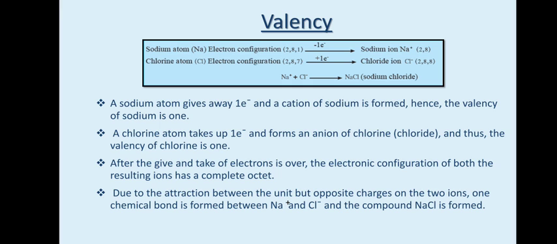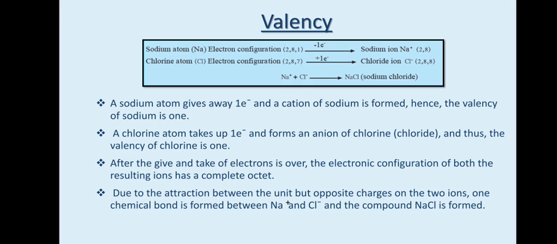So after the give and take of electrons is over, the electronic configuration of both the resulting ions has a complete octet. You can see on the right hand side of the arrow, sodium ion has 2, 8 and chloride has 2, 8, 8. So both have completed their 8 electrons in the outermost shell, which is very important for the stability of an element, right?